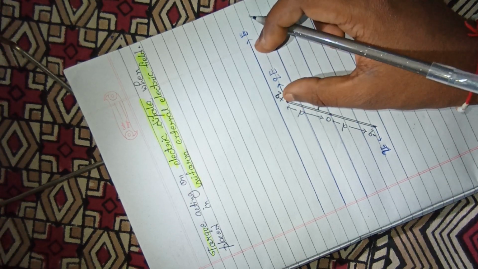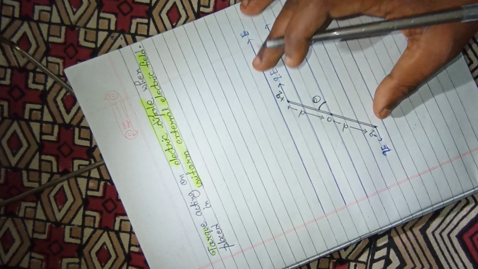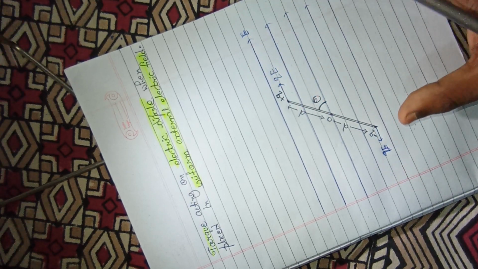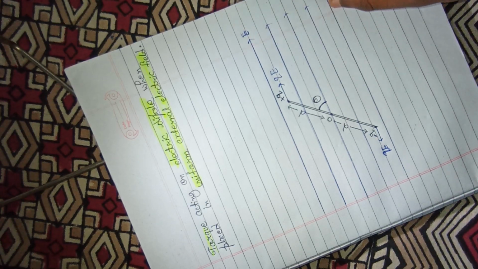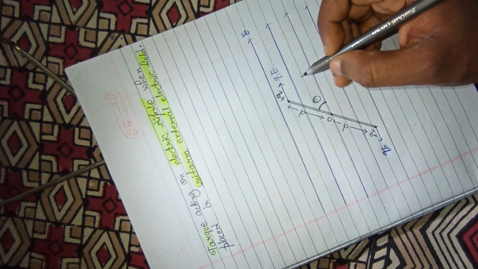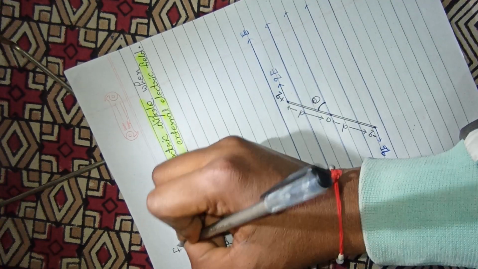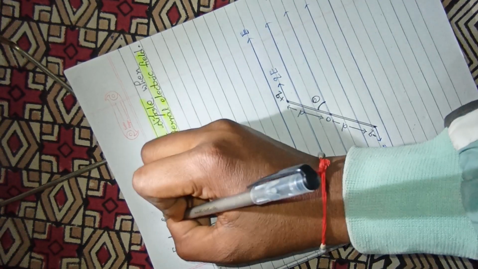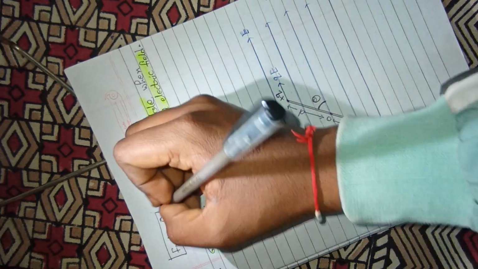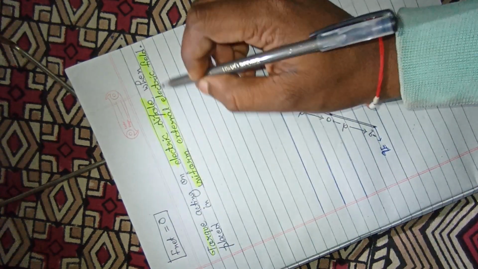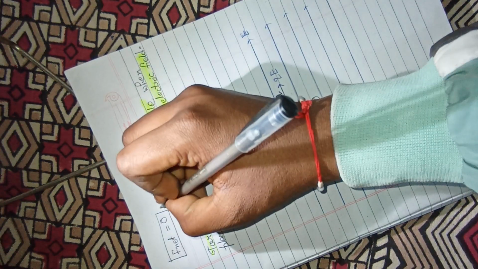This force and this force are opposite to each other, so they will cancel each other, because a uniform external electric field is applied here. That's why the net force will always be 0. We will write here F net is always 0 for a uniform external electric field.